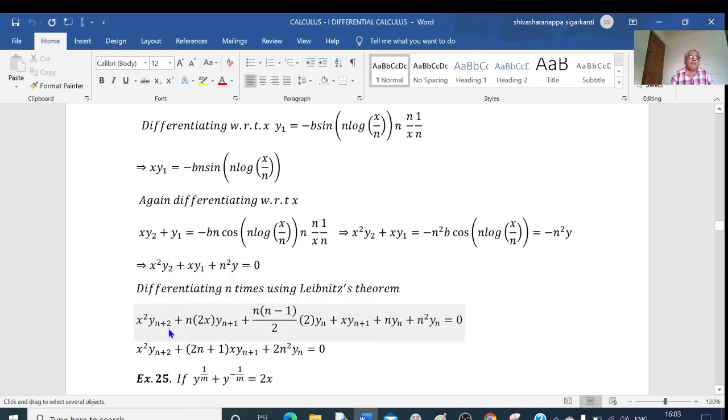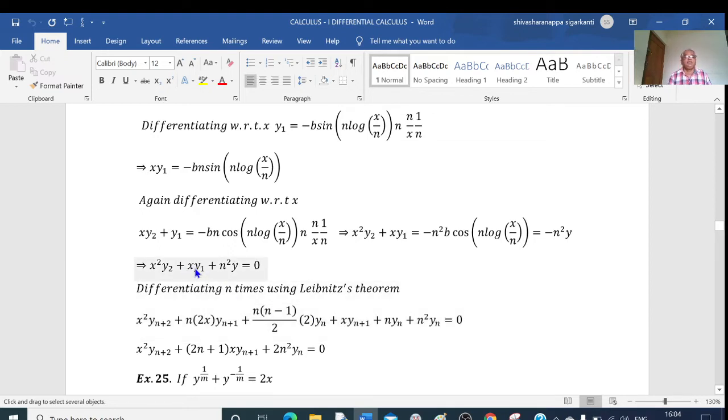Again if I differentiate n times, I get the (n+2)th derivative, plus nC1 is n into the derivative of x square which is 2x into one less derivative of y_(n+2), which is y_(n+1), plus nC2 is n into (n minus 1) by 2 factorial into the derivative of 2x which is 2 into one less derivative of y_(n+1), which is y_n. So this ends here, because for the next term I have to write the derivative of 2, that becomes 0, so all the terms after this become 0.